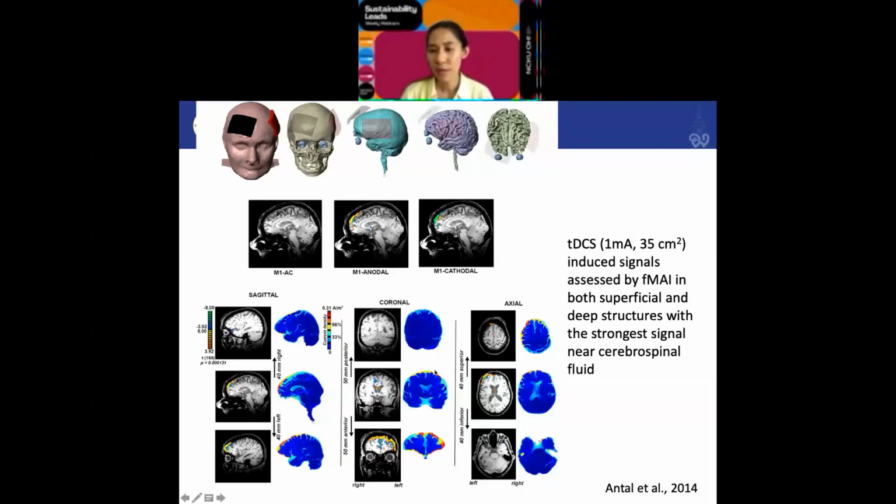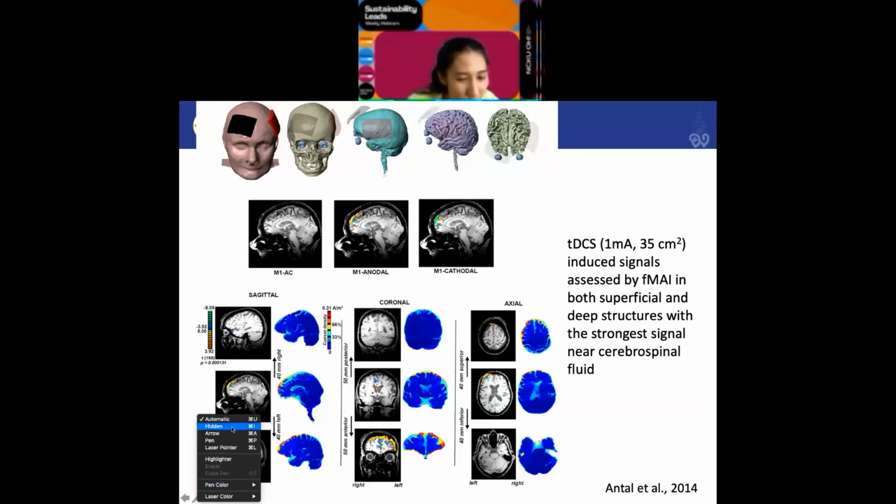And what they found, if you can see in the ventricle here, I'm not sure that you can see it, in the ventricle here, you see the red or orange color. And also in the cortical area here.